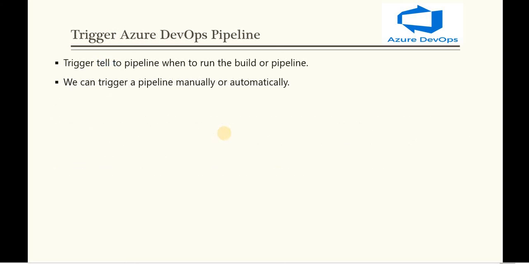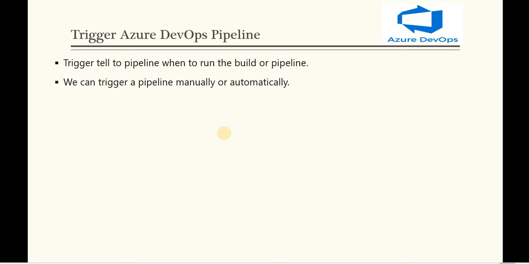Now the next is the trigger in an Azure DevOps pipeline. That is a common term which we hear. A trigger is nothing but something that tells the pipeline when to run the build or the pipeline.